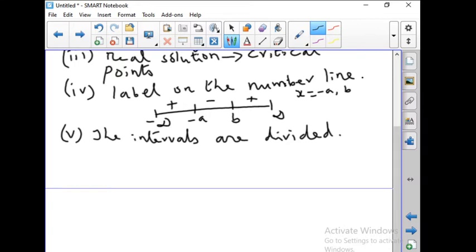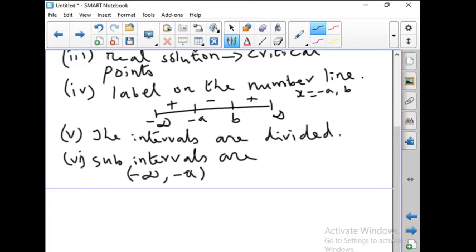Now this is divided into sub-intervals. What are the sub-intervals here? Minus infinity comma minus a. If minus a is not included, we use round bracket or parenthesis. Then minus a comma b. Then b comma infinity.